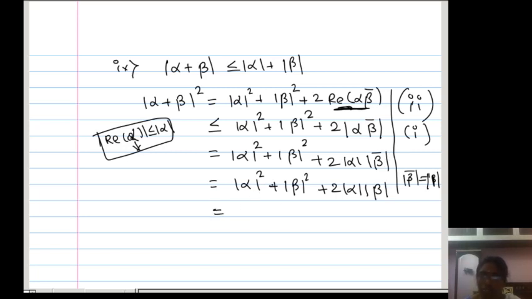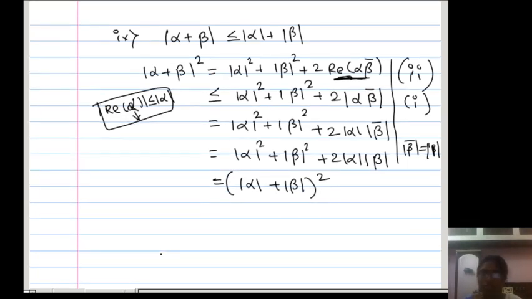Finally, mod alpha square plus mod beta square plus 2 into mod alpha into mod beta means what? Mod alpha plus mod beta whole square. A square plus b square plus 2ab formula. So now tell me here, finally, what did I prove?